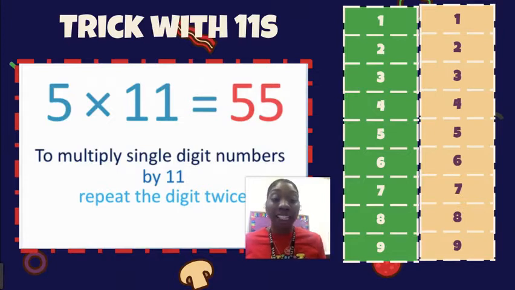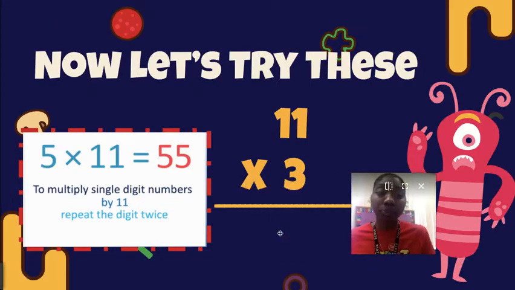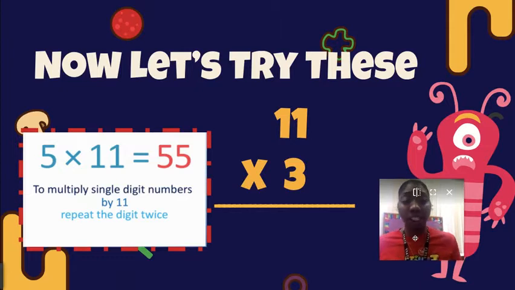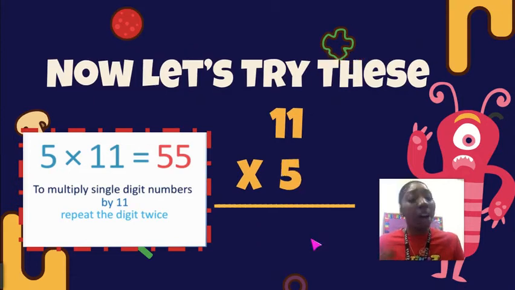So now that we practiced our little trick, I'm going to give you a few multiplication problems, and I want to see how well you know your 11 times tables. Are you ready? Great. What is 11 times 3? You got it, 33, because you repeat the single digit twice. What about 11 times 5?